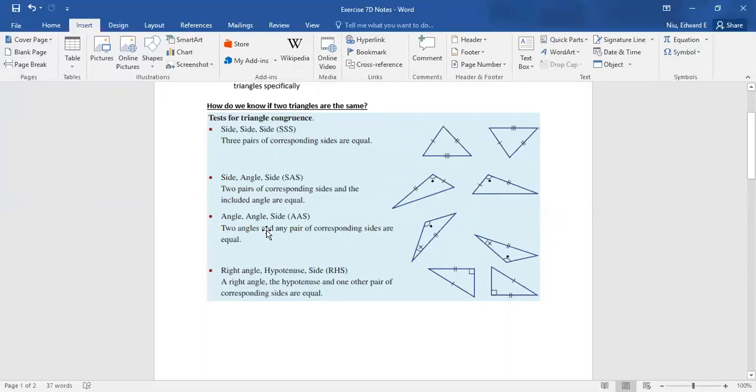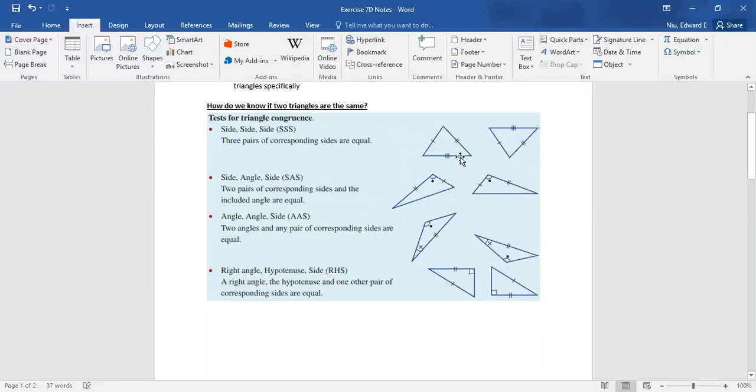The third method is, well, if they have 2 corresponding angles that are the same and a side that's the same, for example here, we can say those 2 triangles are the same. The last identification method is if we have a right angle, a hypotenuse, and any side that's correspondingly the same, we can say these 2 triangles are the same, but just being rotated or shifted slightly.